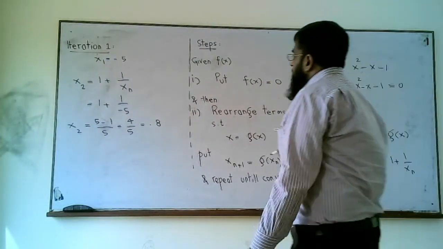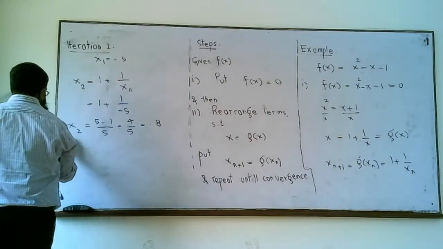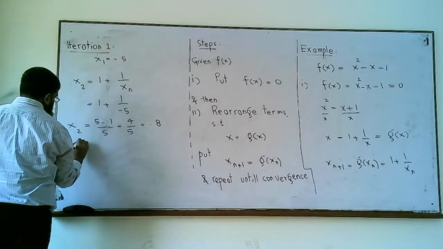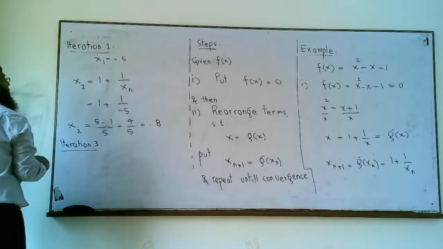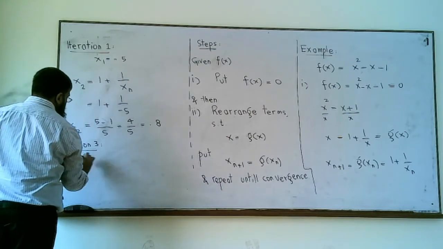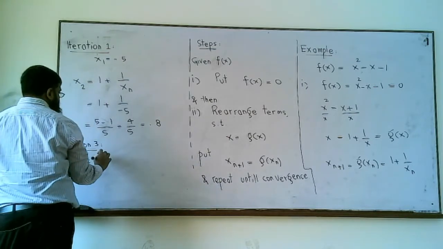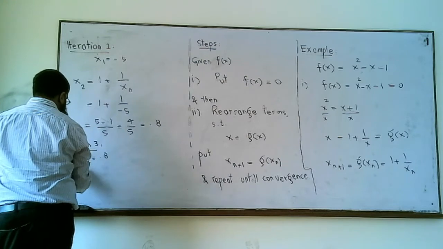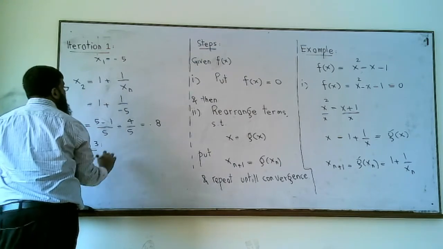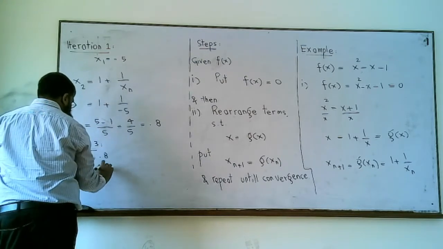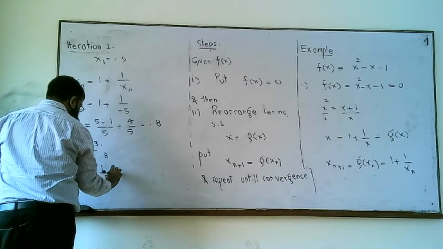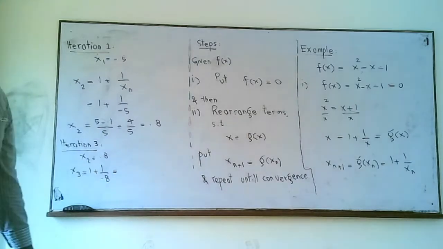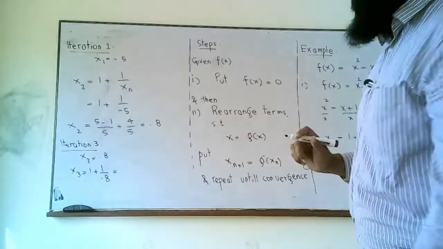In iteration number 2, we'll start from x2 and find x3. So x2 is given to be 0.8 and we find x3 is 1 plus 1 over 0.8, which gives us 2.25.